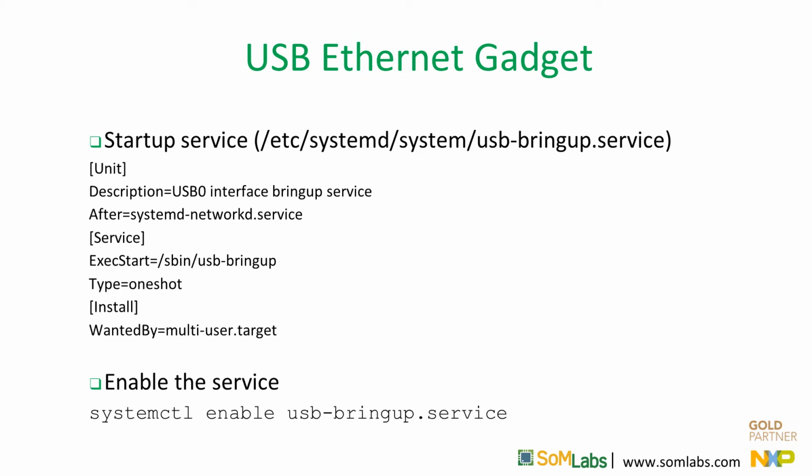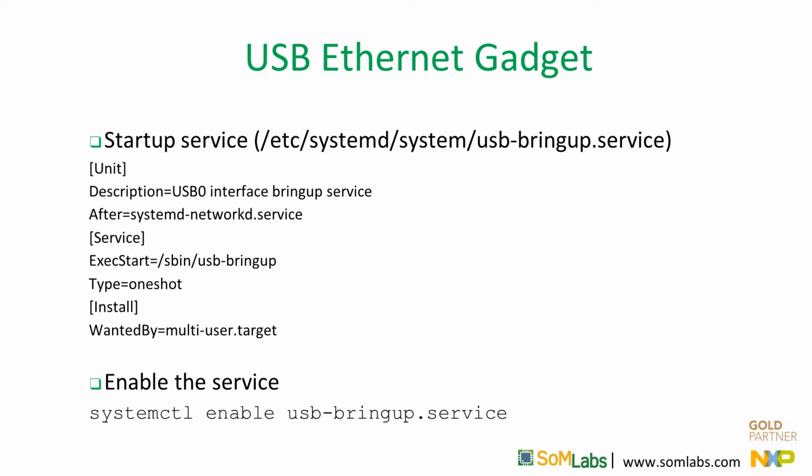This is the definition of a service that will be launched after the network configuration system service, which was defined in the After field. The script will be executed only once, which can be seen in ExecStart and Type set to oneshot. Finally, we state that the service is used by the multi-user target unit, similarly to the previous service we created.